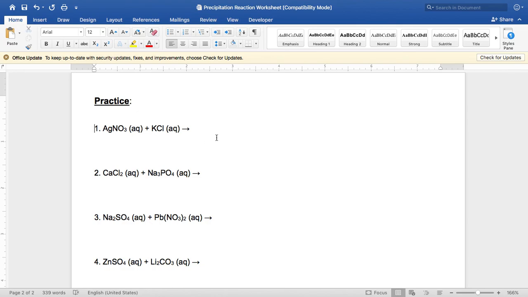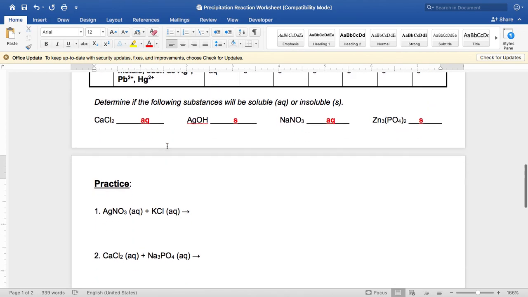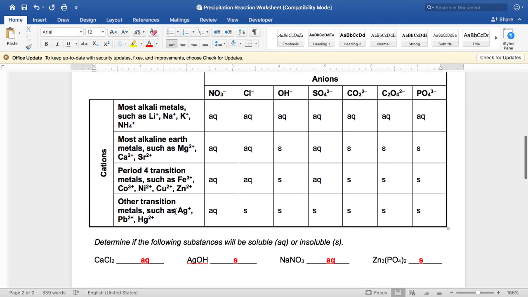So the first thing we need to do is determine our products based on our double replacement reaction. So remember, the 2 species on the outside come together and the 2 species on the inside come together. Now, one little trick to help you out is to look at the table above to determine what the ions are, and let's write them. So for example, for Ag and NO3, I see that Ag is positively charged, so a +1, and NO3 is negatively charged, so a -1.